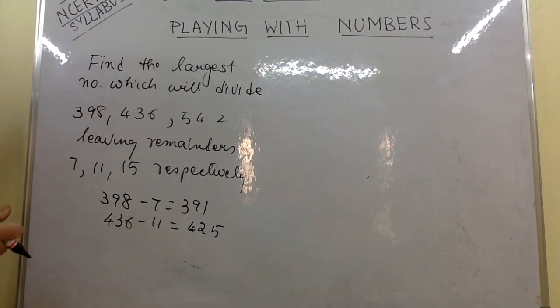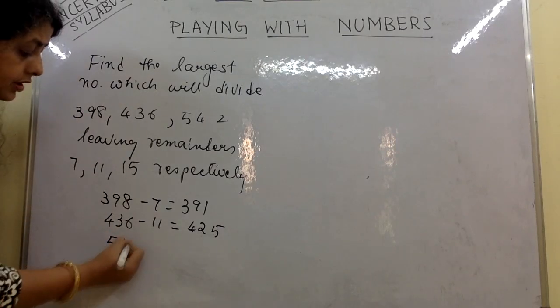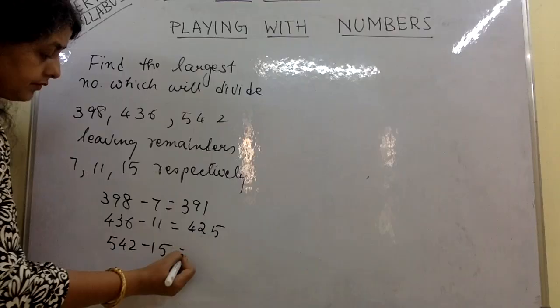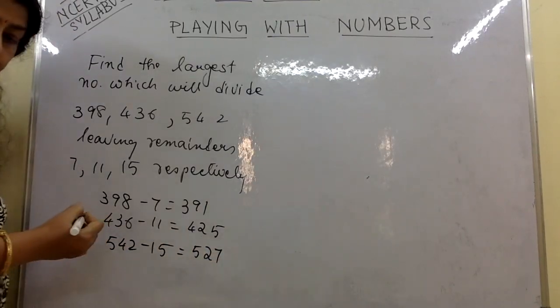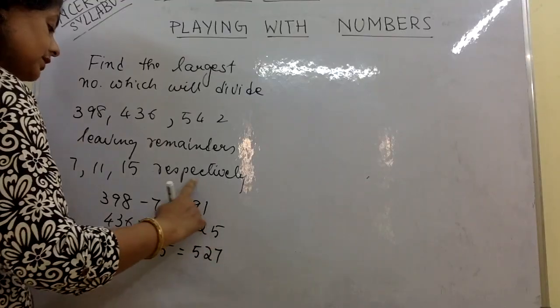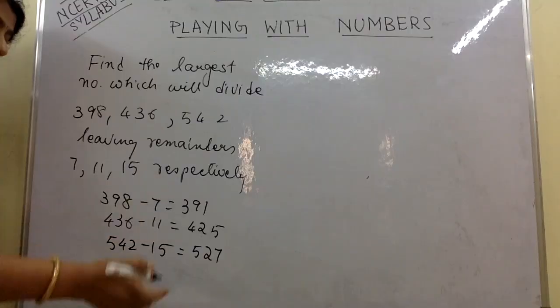425 and 542 minus 15, which is 527. So these are my numbers which are completely divisible by that largest number. So now I'll do HCF.